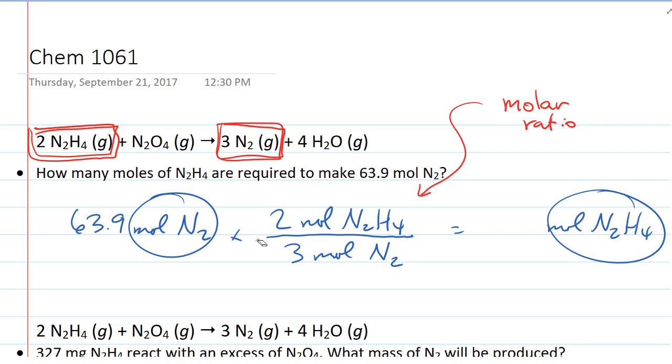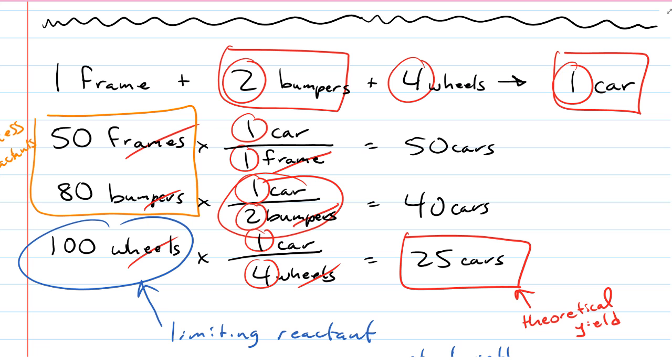And this is no different than what we did on Tuesday, where in effect these were molar ratios, because again, we look at the coefficients. If we wanted to relate wheels to cars, we said that there's 4 wheels for every one car. And this here is that ratio between them.